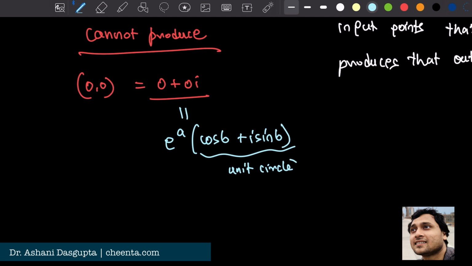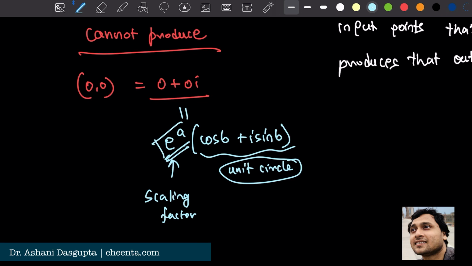Changing b, you will get all the points on the unit circle. E to the power a is the scaling factor. It will contract or expand the circle, as we talked about. But it can never contract the circle to the point that e to the power a is 0. That can never happen.